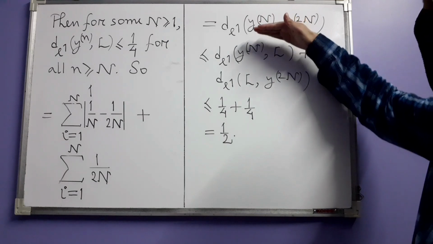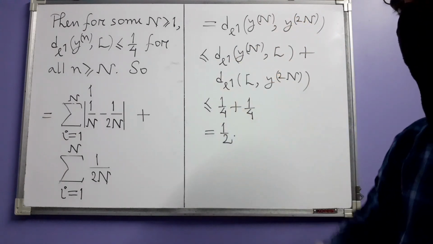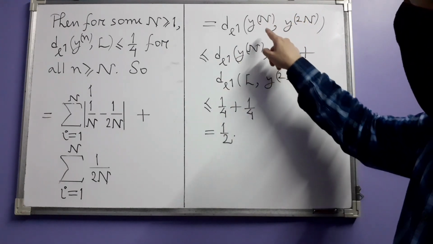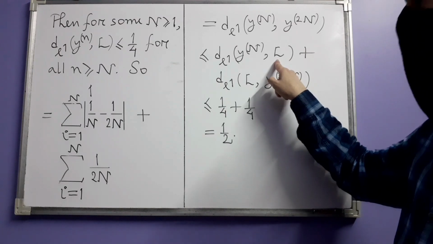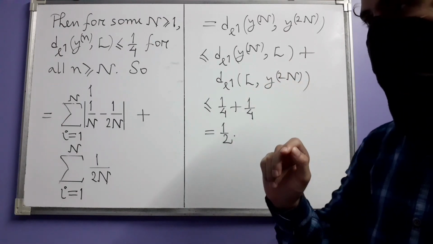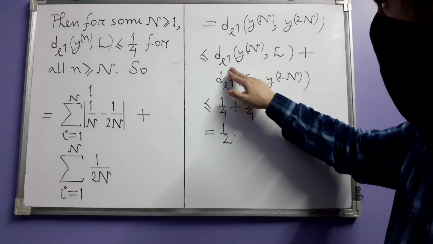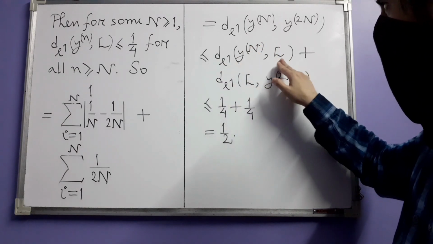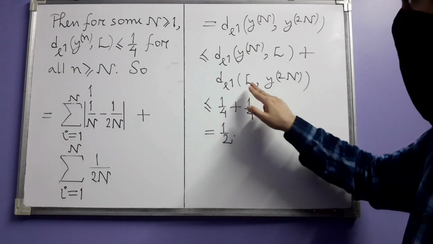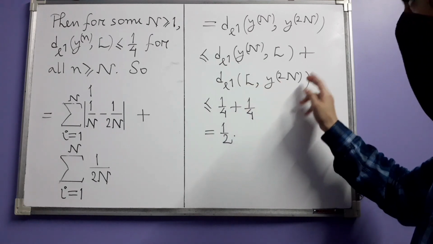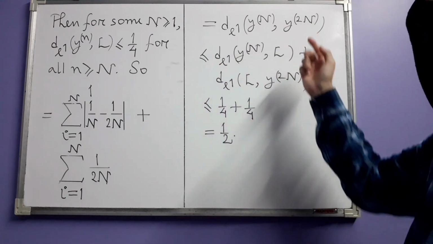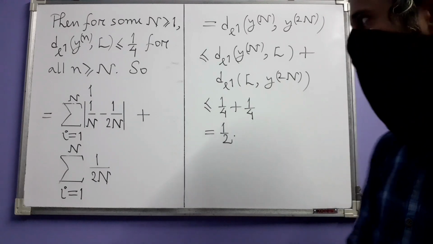And then we can apply the triangle inequality that we have for the metric dl1. The intermediate term that we use is L. So the dl1 distance between yn and L plus the dl1 distance between L and y2n is greater than or equal to the dl1 distance between yn and y2n.